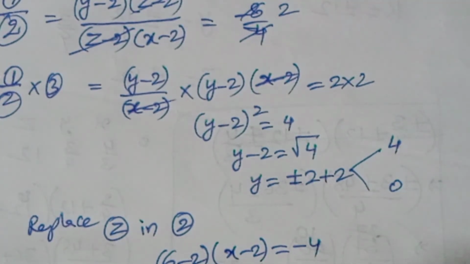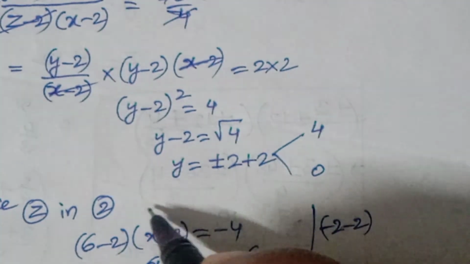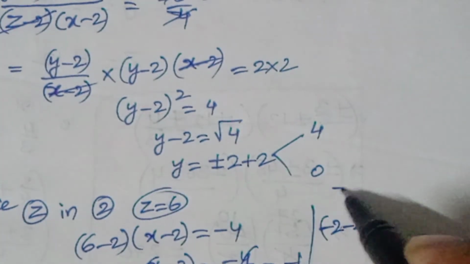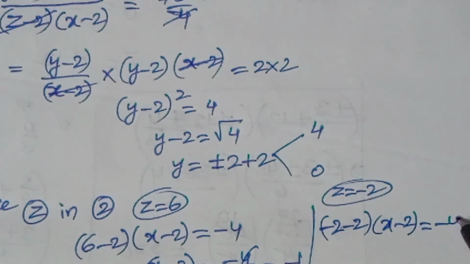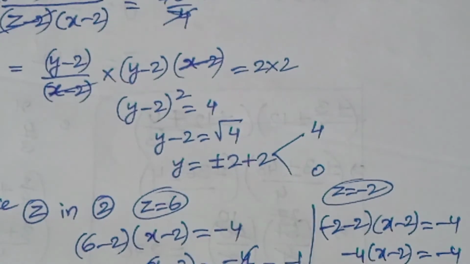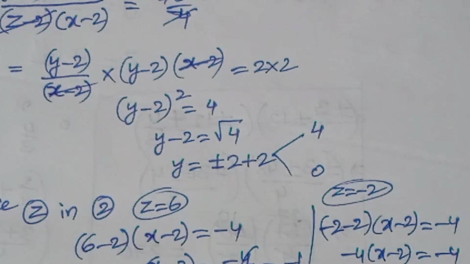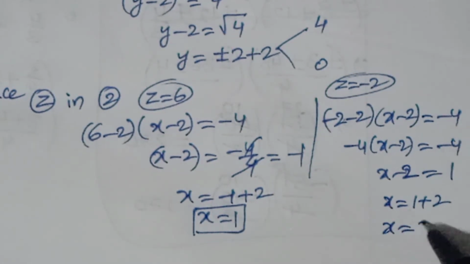So x minus 2 is equal to 1, so x is equal to 1 plus 2. x is equal to 3 in this case.